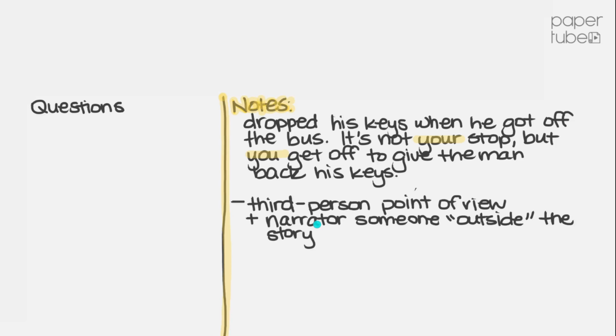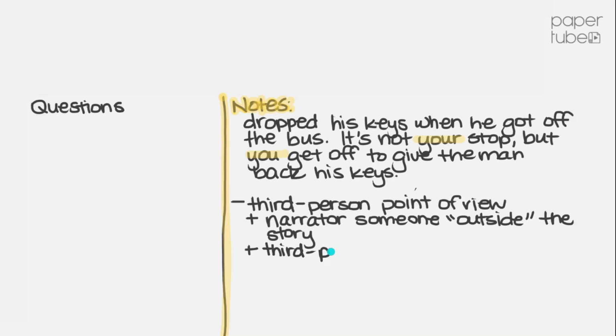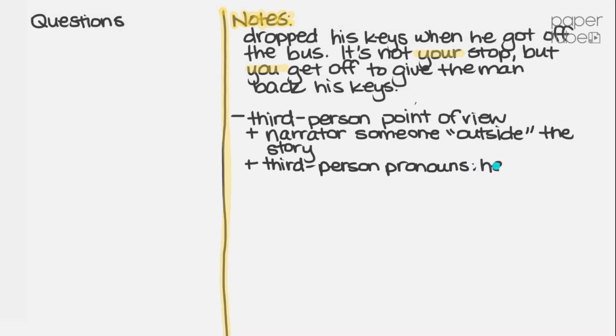First, you need to know the keywords for this point of view are third person pronouns. So they use third person pronouns, he, she, it, they, them, etc. So whenever they're referring to the story, describing actions, they're using these kinds of words to describe who's doing the action.